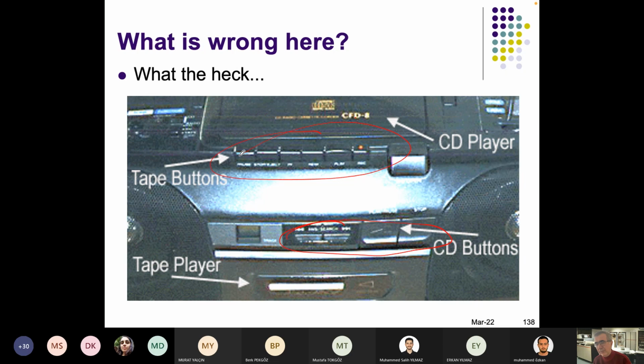So in order to add an additional CD player to a single tape player, they put the buttons in a technically appropriate place, but not a mentally correct place.